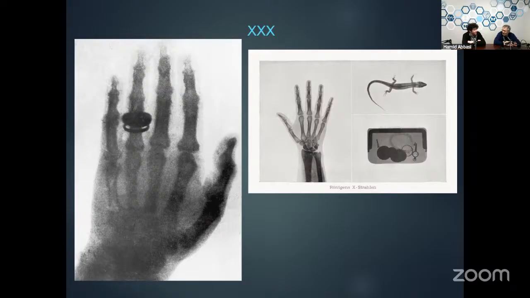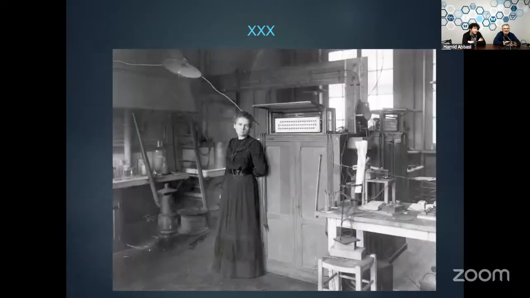I bet you know who that is. Yeah, this one I know. Yeah, Madame Curie, Marie Curie. So this is him. This is her. Pierre had a beard, surprisingly, for both of them. Very tragic story.